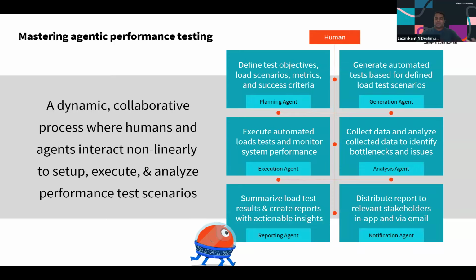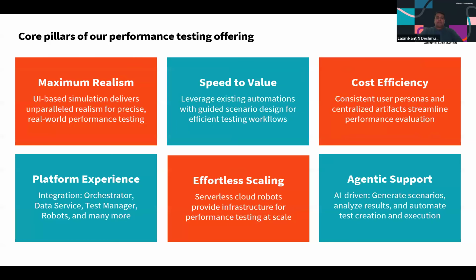The reporting agent will help you summarize the load test results and create reports based on the available data, with actionable insights, so that you also come to know what action you have to take forward, right? And notification agents will help you distribute the report to relevant stakeholders via email or any third-party app integration. It may be SMS, it may be WhatsApp, or any other application, right?